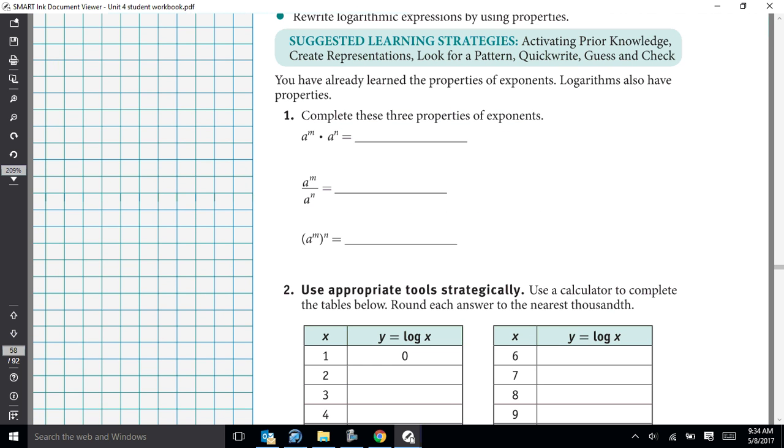So to refresh what we know about exponential properties, if we have a to the m power times a to the n power, if our bases are the same, what do we do with our exponents? Add them. So a to the m times a to the n would be a to the m plus n. When we divide and our bases are the same, what do we do with our powers?